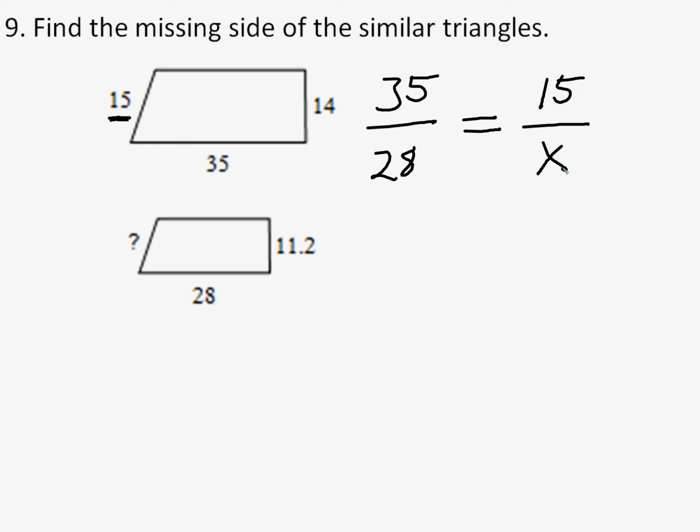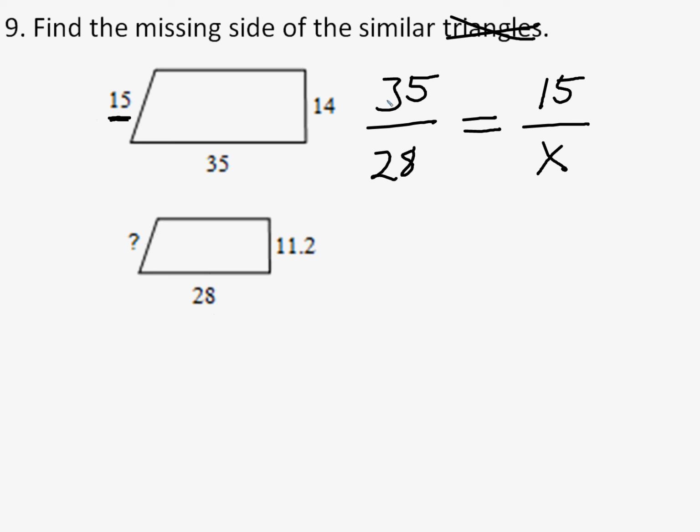And so when we have similar figures, it says similar triangles. These are not similar triangles, similar quadrilaterals. We find the ratio of corresponding sides. So I took the longest side of this top one over the longest side of the bottom one and set it equal to this slanted side on the top one compared to the slanted side on the bottom.